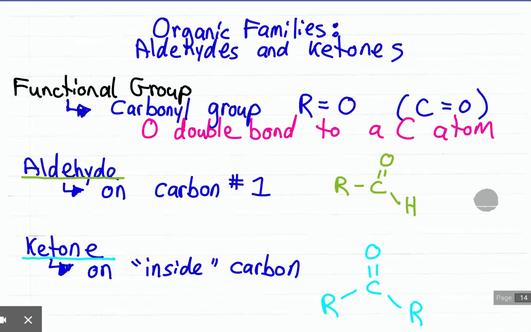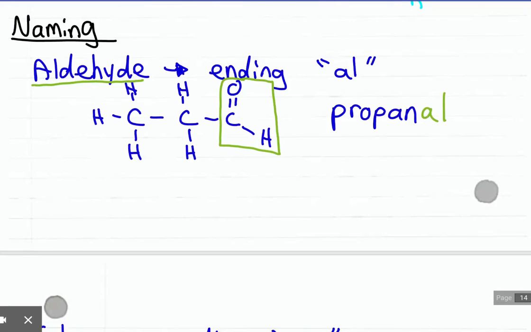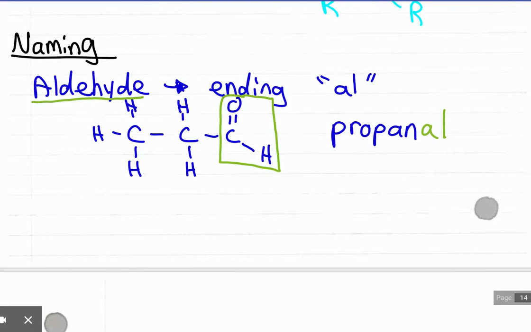Okay, so aldehydes and ketones both have a carbonyl group, but because they differ in the location of the carbonyl group, we have to name them very differently. So when we are naming them, if we have an aldehyde, as shown here, the carbonyl group is on an end carbon, so it's on a carbon that's also bonded to a hydrogen.